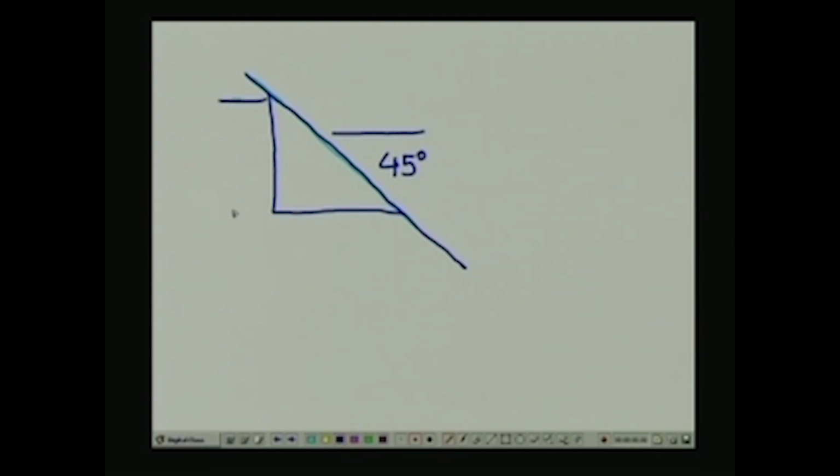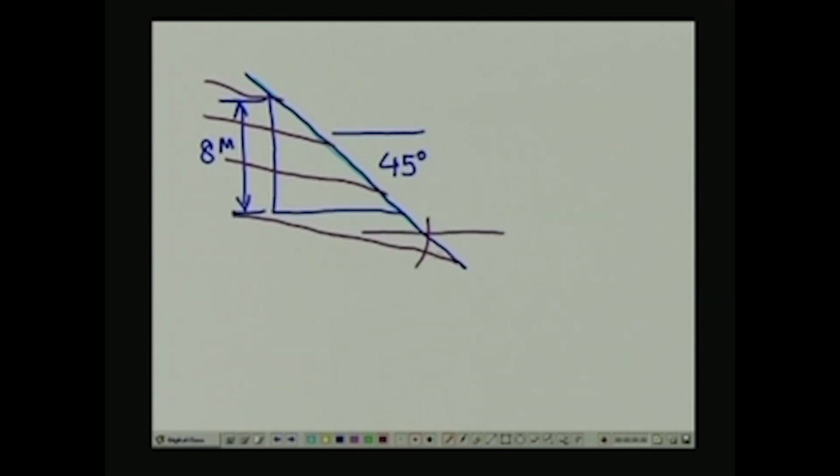So this height here is 8 meters, and there is a joint set within this particular rock mass dipping at a 35-degree angle.